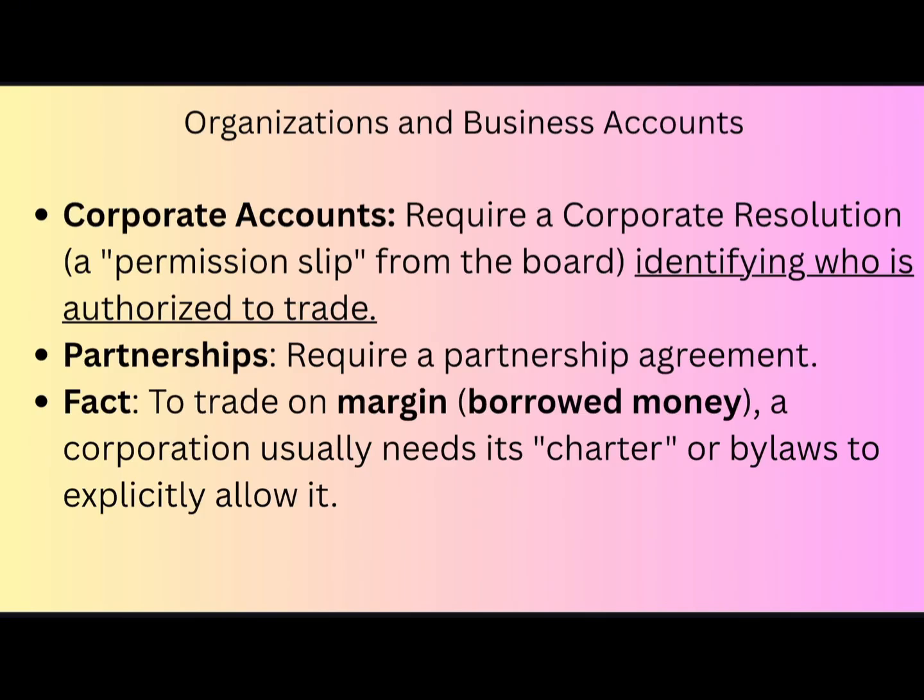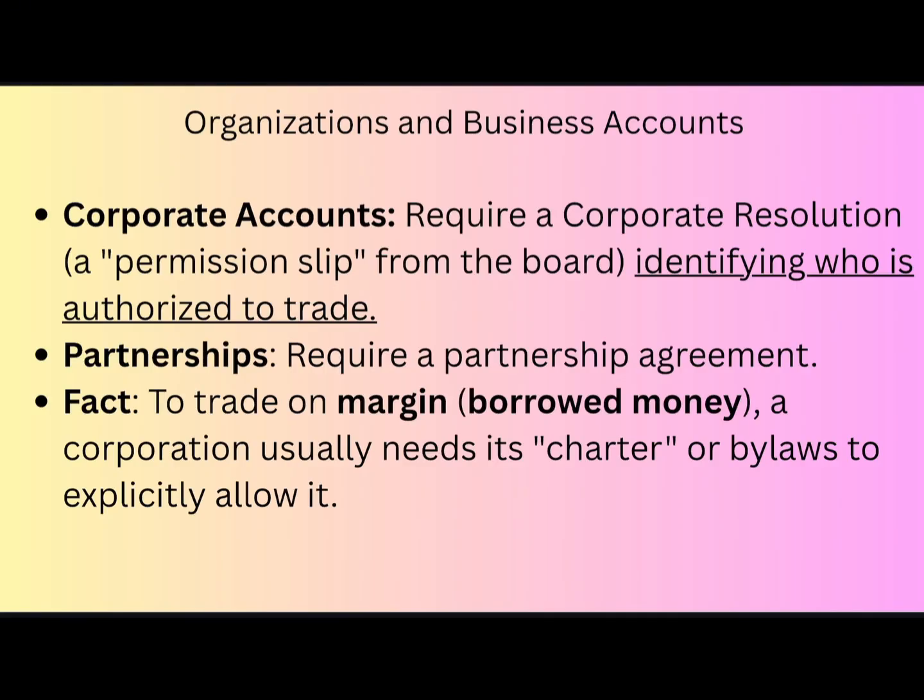And then after individual accounts and joint accounts, you have accounts for organizations. Accounts for organizations, like businesses, are much like any other account. The biggest difference is that the owner might be a legal entity, like a corporation, instead of a natural person.